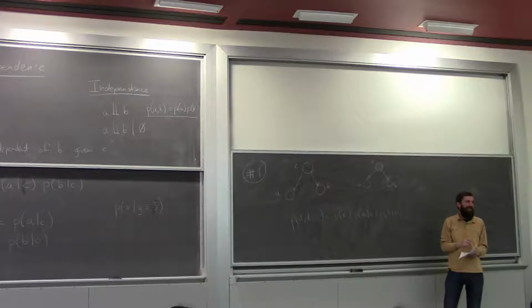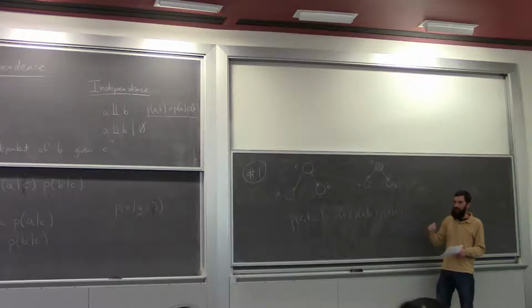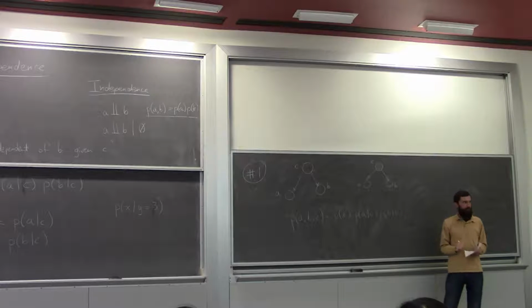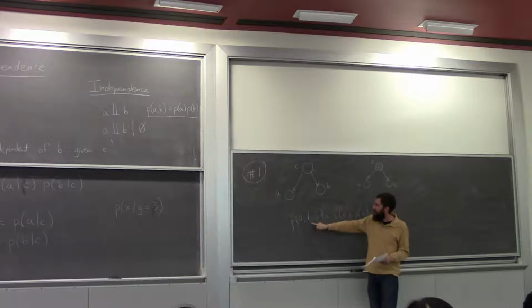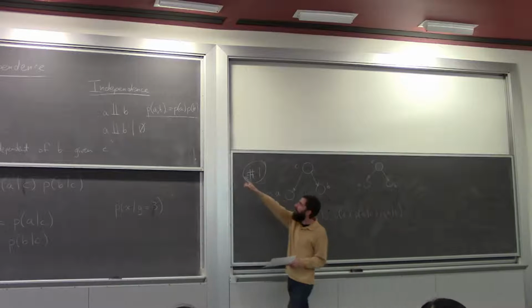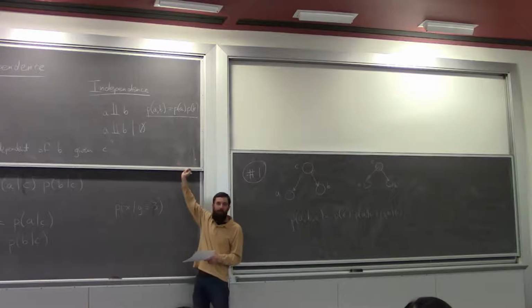Let's say C is discrete, and we'll take a finite number of discrete values. How would I check this? How do I make this left-hand side P of ABC turn into a P of AB?